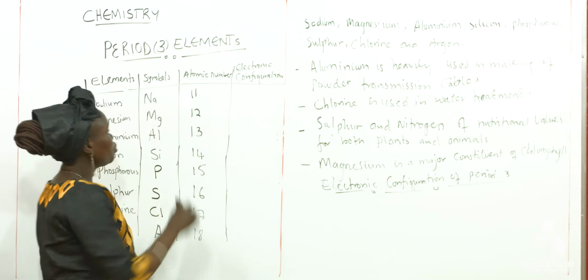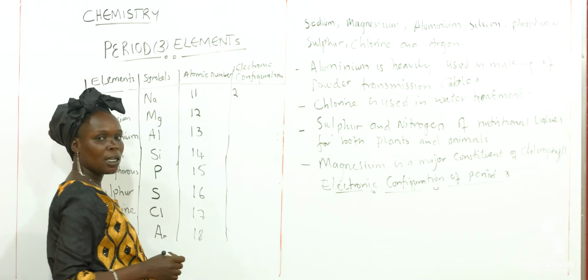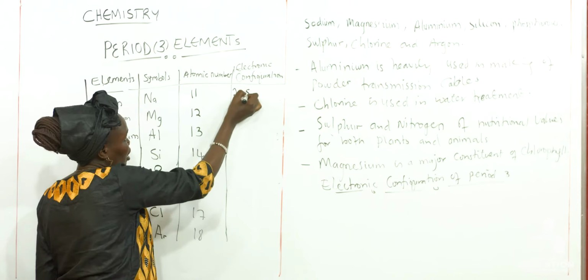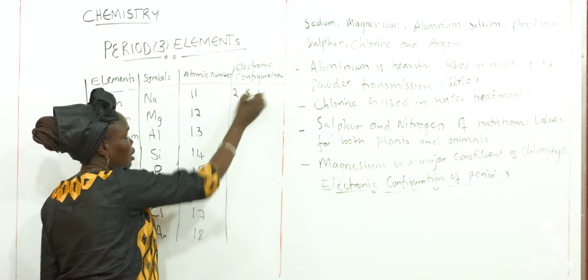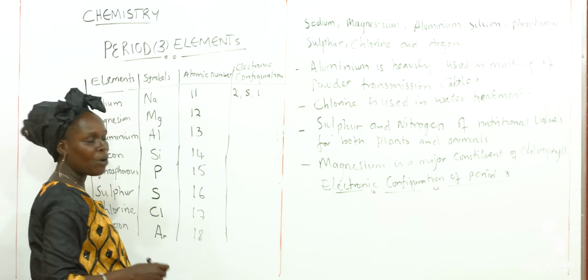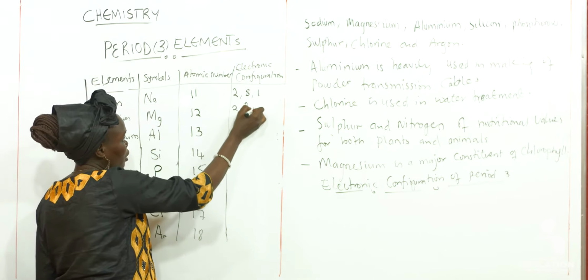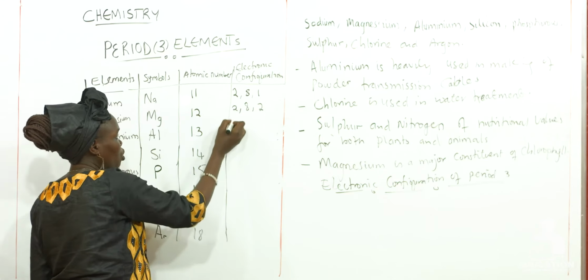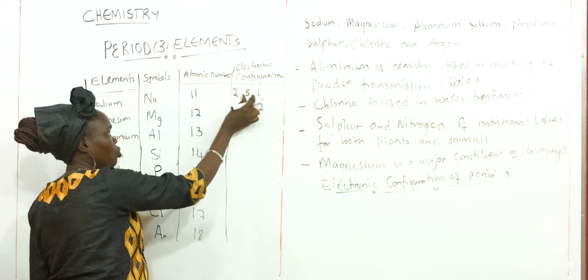When we distribute this, we shall have 2 in the first level, and then the second level will have 8 electrons. Then from 11 we have 1. So here we shall have 2, 8, and then 1. We have 3 energy levels: 1, 2, and 3.